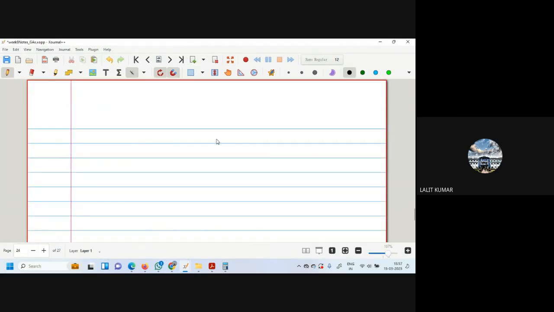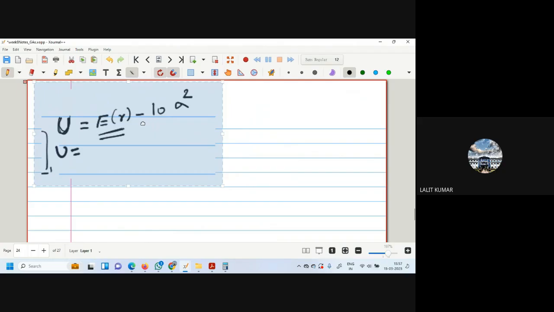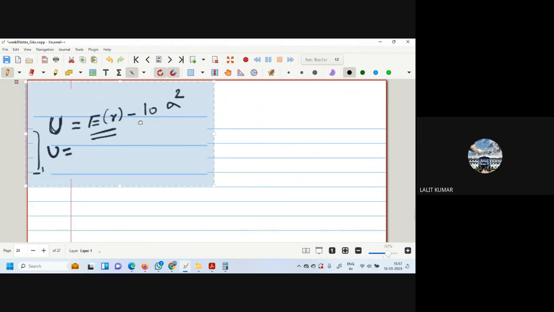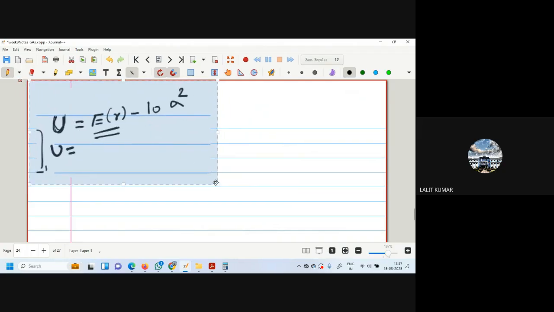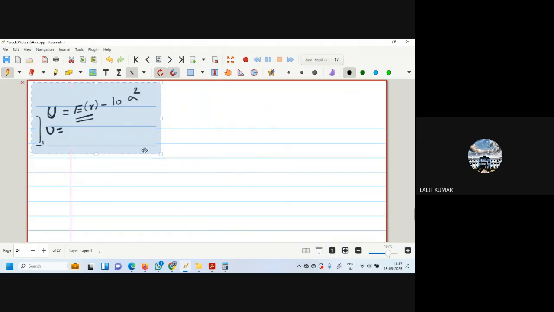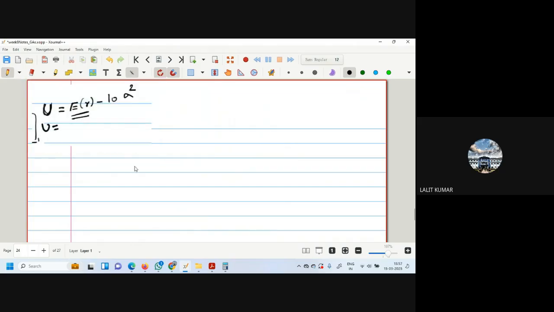You can do it in the same way: U is equal to ER minus 10 sigma square. Your ER is W into expected RD, this is the debt fund, plus 1 minus W into expected RE.